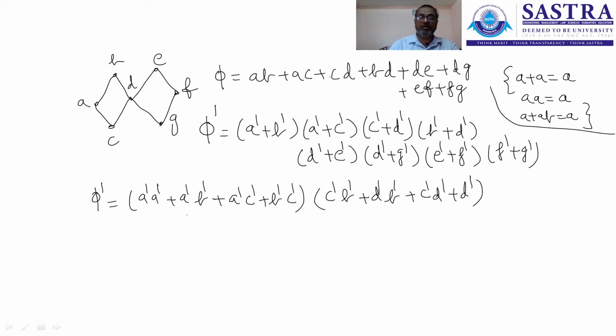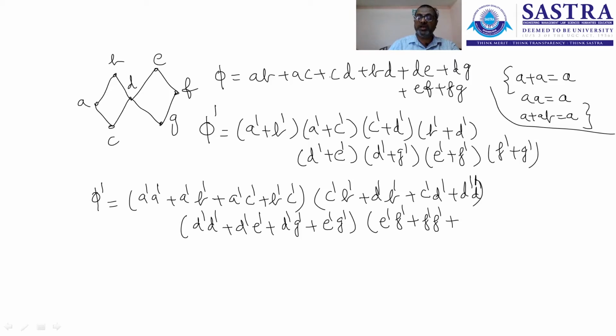Then I will multiply the next two, D dash D dash, D dash E dash plus D dash G dash plus E dash G dash, and then the last two, E dash F dash plus F dash F dash plus E dash G dash plus F dash G dash. So now I have got the product of two terms and I have written it here.